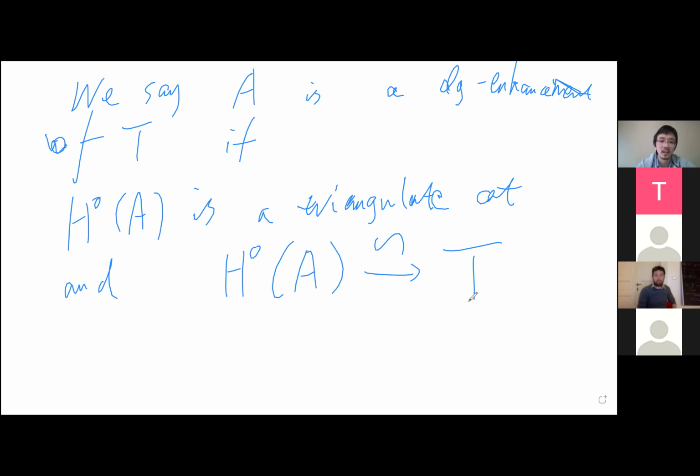Intuitively, this means that the DG category encodes all information of the triangulated category. Okay, does it make sense?